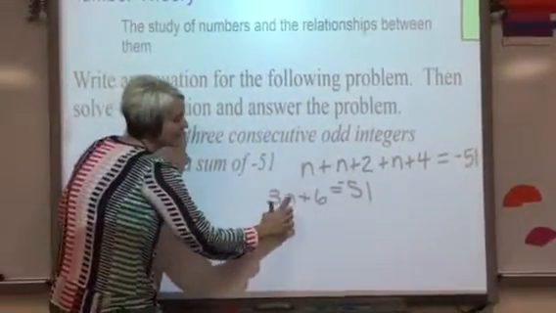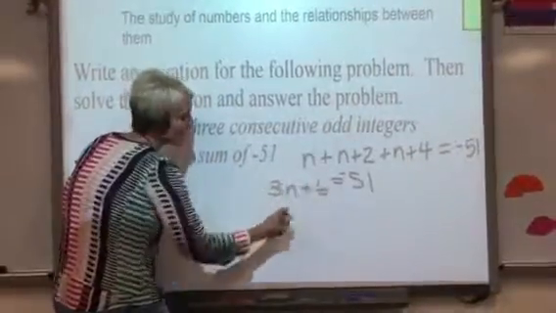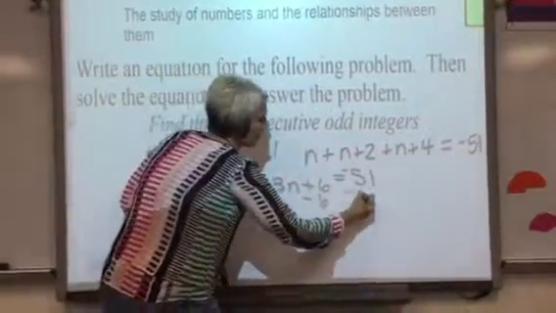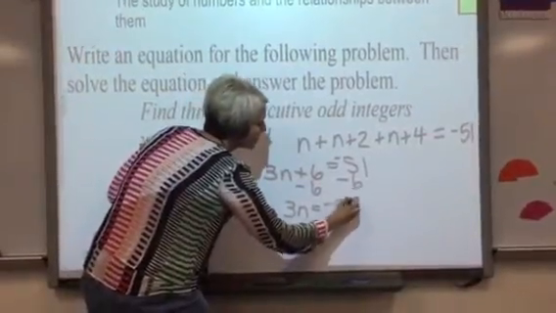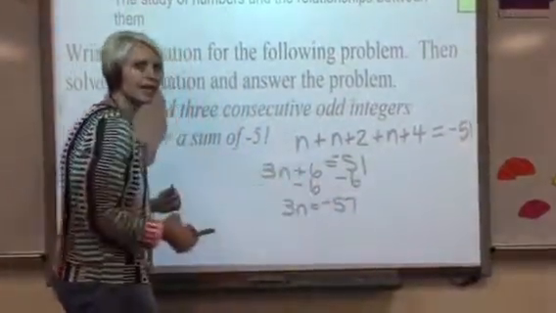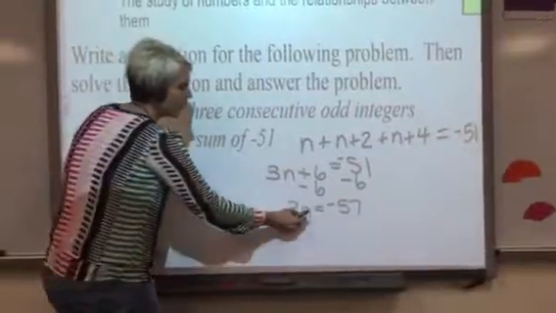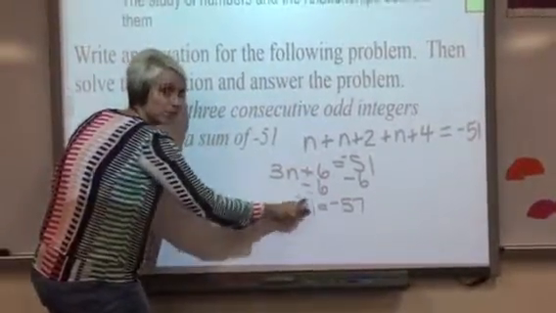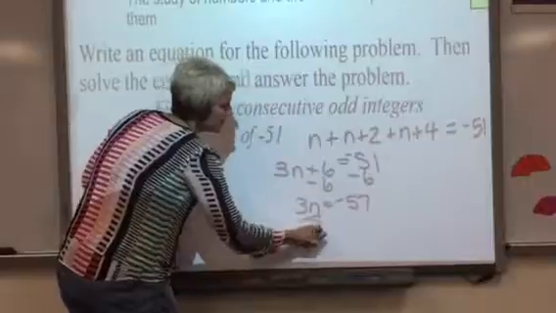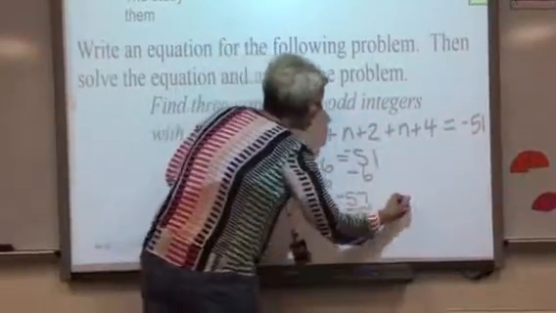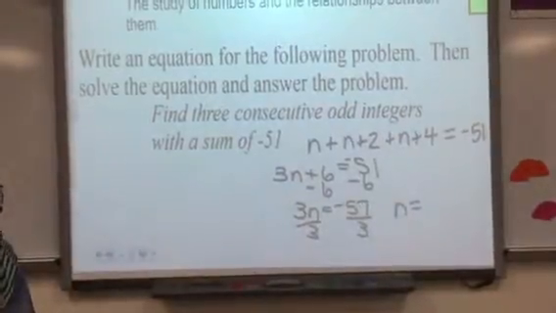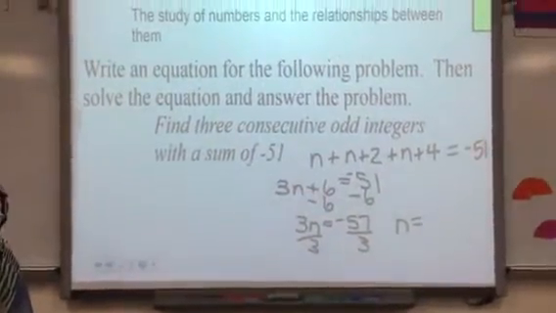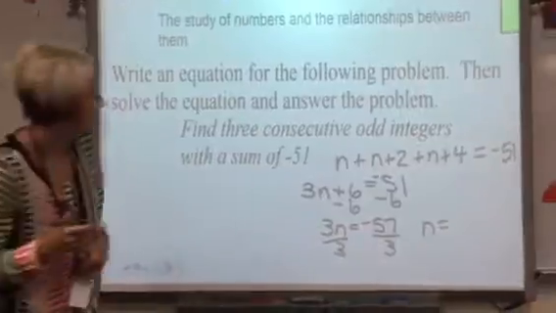If you want to get n by itself, what we have to do is subtract 6 first. And so I have 3n is equal to negative 57. Try to make sense of this. They're both negative, so you just add them. Now I want to get n by itself, so what's the opposite of multiplying by 3? Dividing by 3. Having a calculator really helps here because you could do negative 57 divided by 3, and that is going to be negative 19.